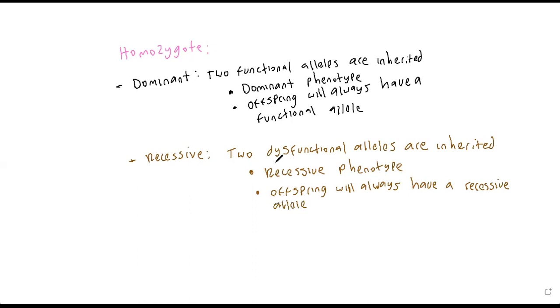A common question I get is, how is it that individuals that have two recessive alleles for a trait are able to reproduce? Because shouldn't they be relatively non-reproductive or in too ill of health to reproduce?